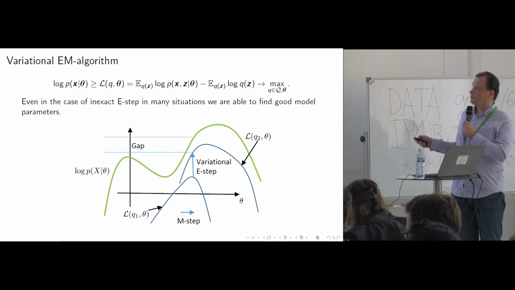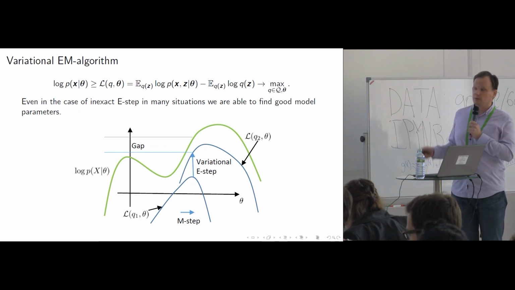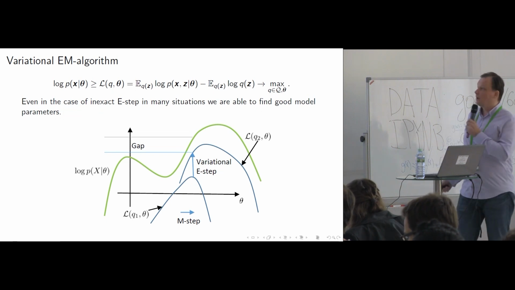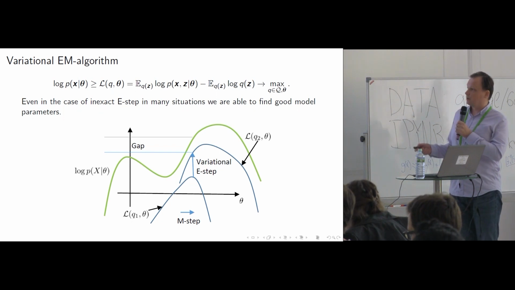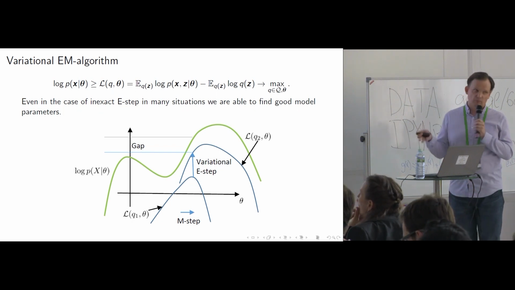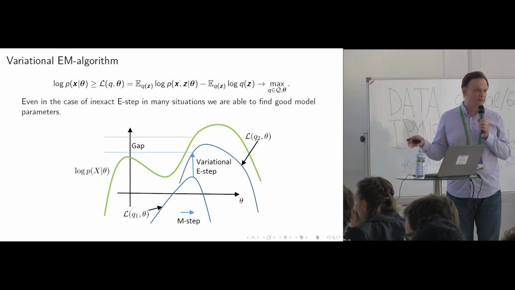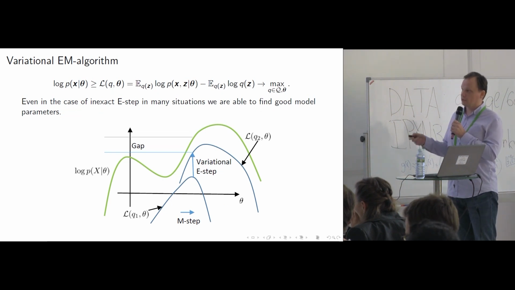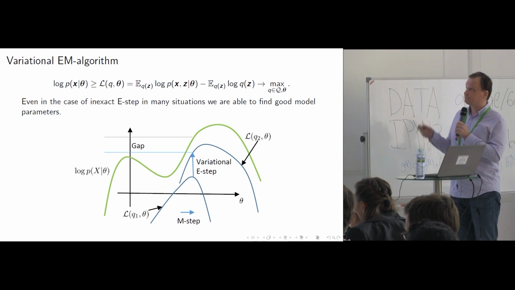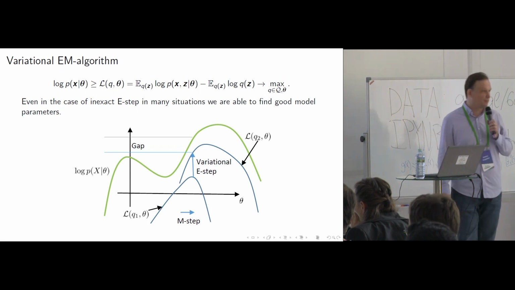Here the green line is our incomplete likelihood with respect to theta. And what we do on the E step and M step is the following. On the first step, with our initialization of parameters theta and our variational approximation Q, we introduce the lower bound here. And on the E step, we try to maximize this lower bound to make it tight.